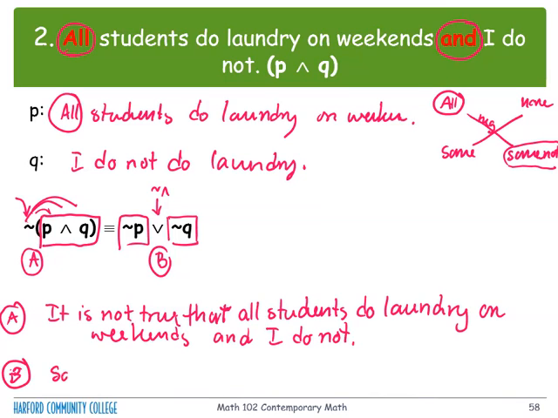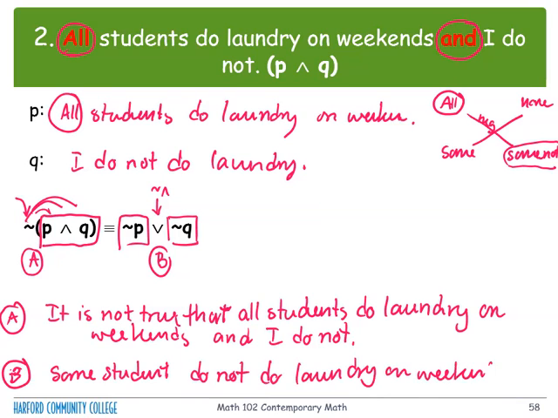We write it as some students do not do laundry on weekends, or negation Q, I do laundry. As you notice, the all becomes some not from applying negation to the quantifier.